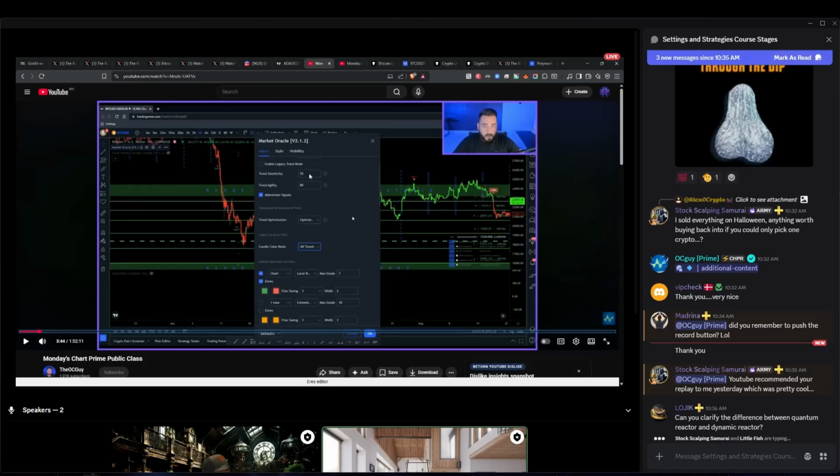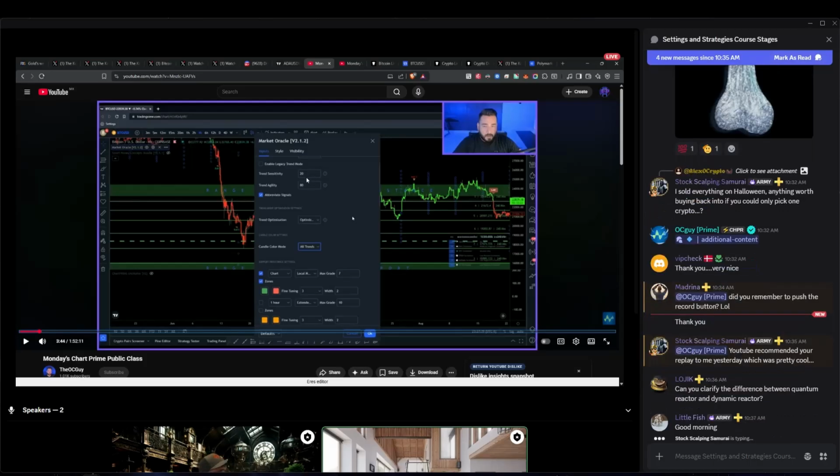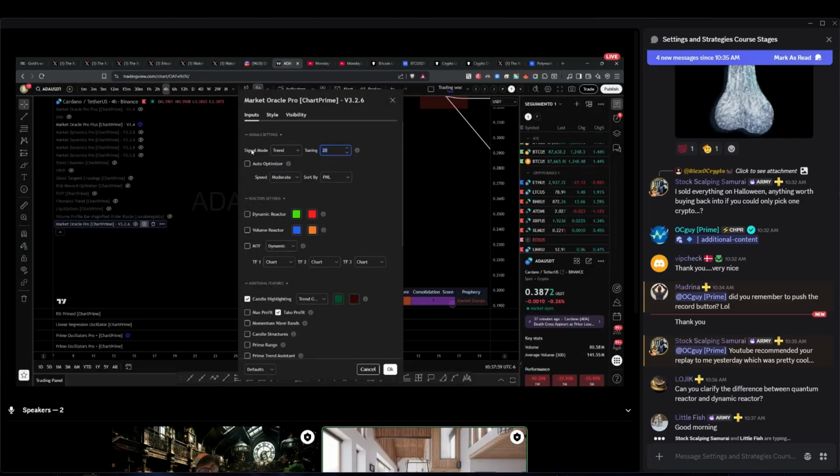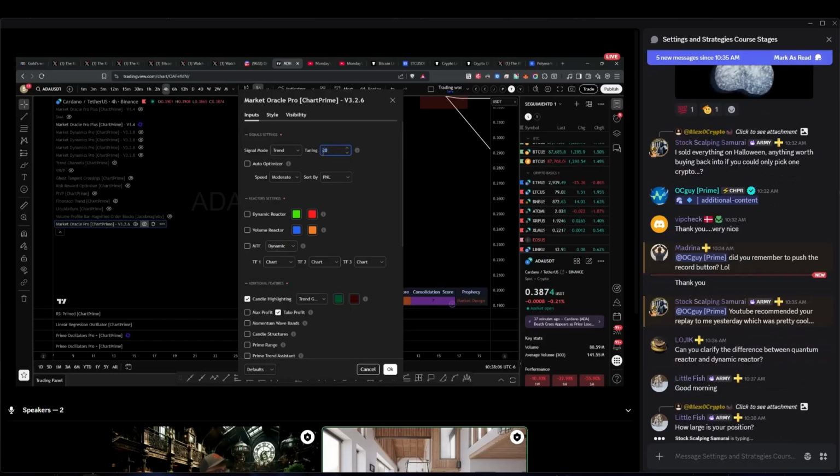Before, we had how big of a trend and then how to fine tune. We no longer have the fine tuning, the trend agility, because we have a back tester built within the indicator. So when you adjust your trend sensitivity, it's very easy. Again, signal mode, trend, and your sensitivity is now called tuning. So you just do sensitivity.